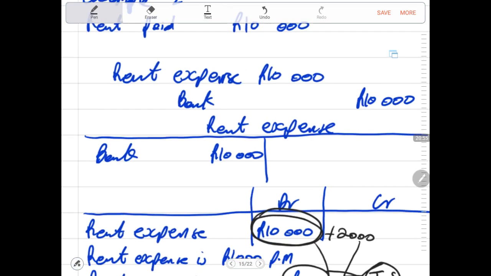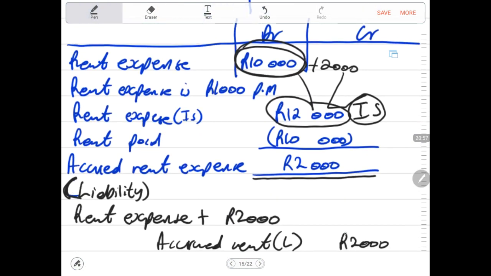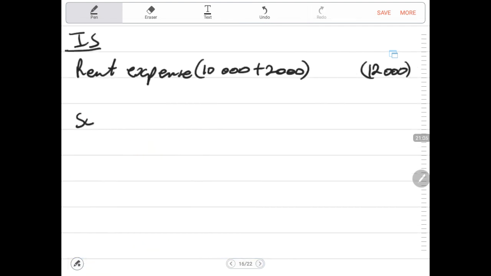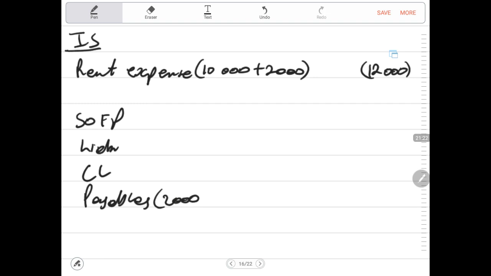Now the other entry, which is the entry on the credit side, is a liability and it's a current liability. So this will be recorded in what statement? In the statement of financial position under liabilities, and under liabilities it will be current liability. Under payables, under trade and other payables, we'll have to say plus 2,000.